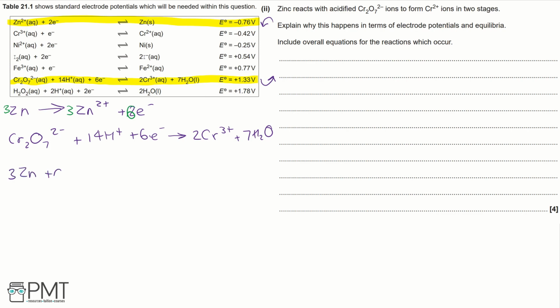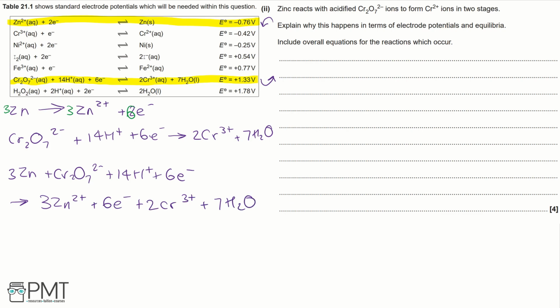3Zn plus Cr2O7 2- plus 14H+ plus 6 electrons goes to 3Zn2+ plus 6 electrons plus 2Cr3+ plus 7 H2O.